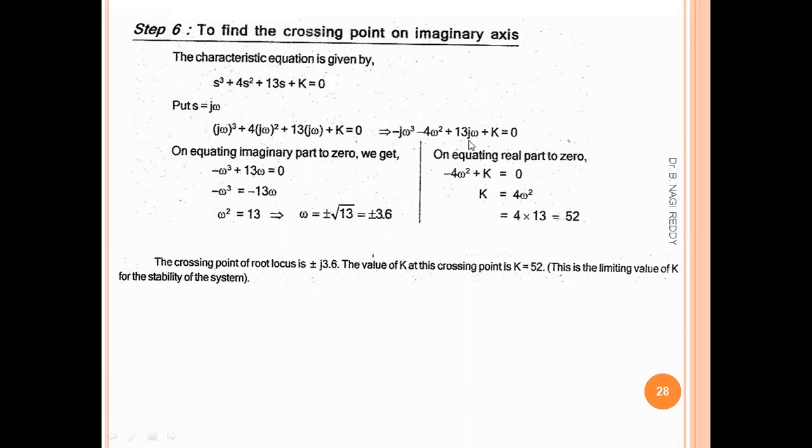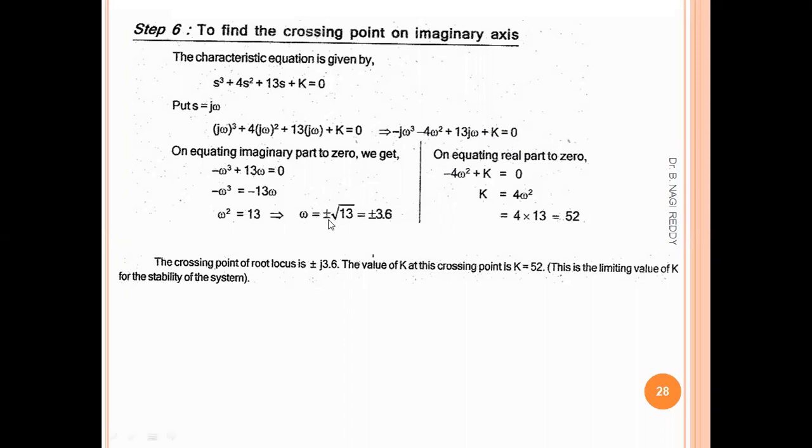The j terms are imaginary terms, and the non-j terms are real terms. Now equate the imaginary terms to 0 to get the omega value. Here the omega value is plus or minus root 13, which means plus or minus 3.6. Similarly, if you equate the real terms to 0, we will get the k value. The k value is 52.